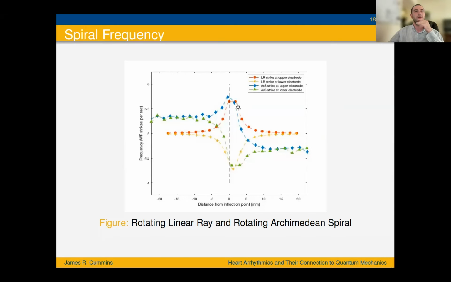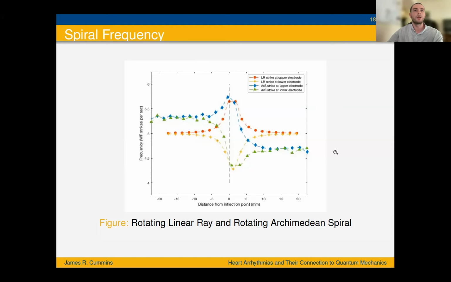Now, for the Archimedean spiral, we see some oscillations here as it approaches, but the same general type of behavior. For the top electrode, we see that in blue, and the bottom electrode in green, an increase coming towards or a decrease coming towards, depending on which electrode you are. All right, and there's a lot of other things we could go into detail here, but these are the main key observations.